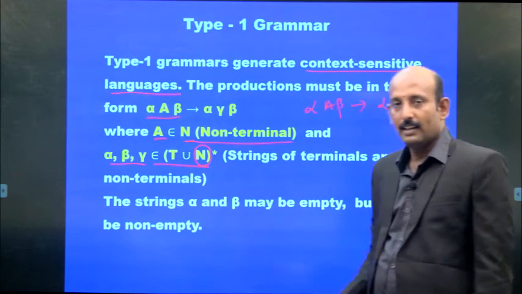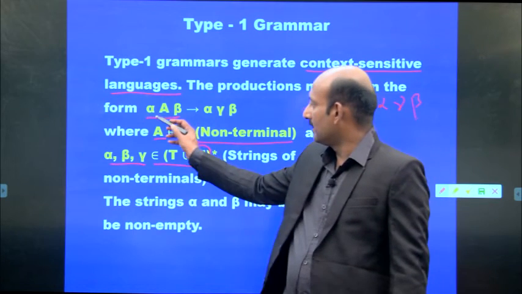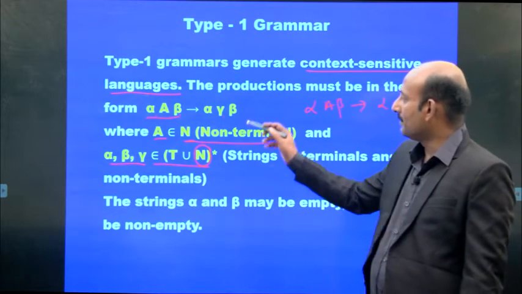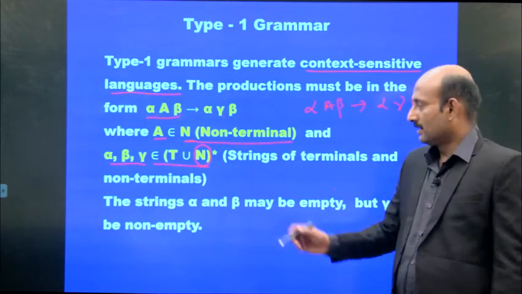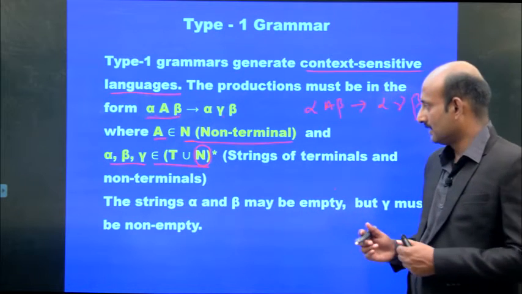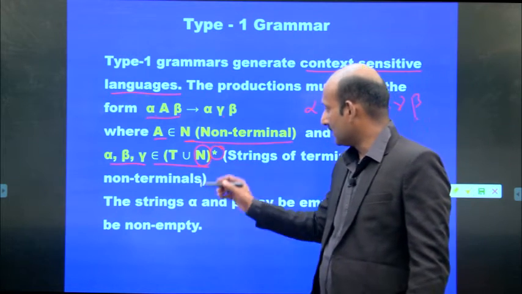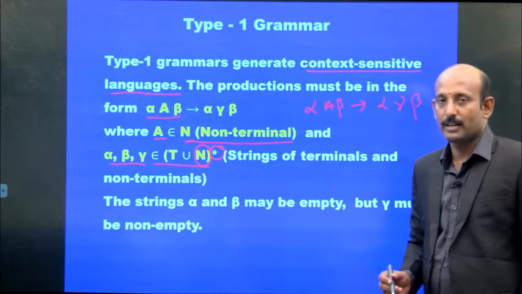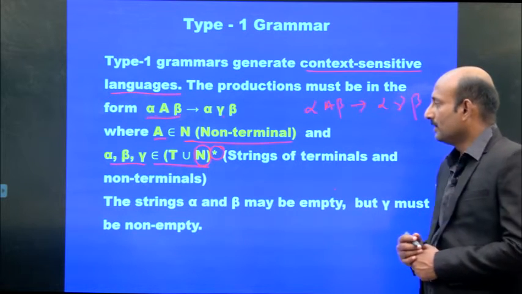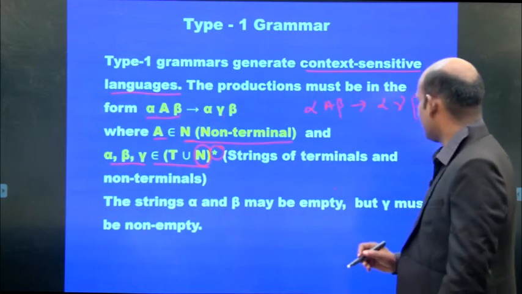That is the Kleene closure, zero or more occurrences of terminals union non-terminals.